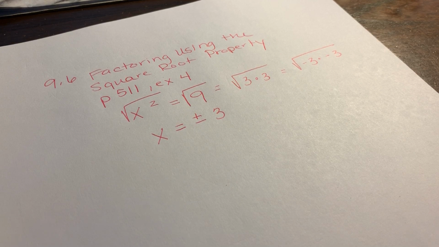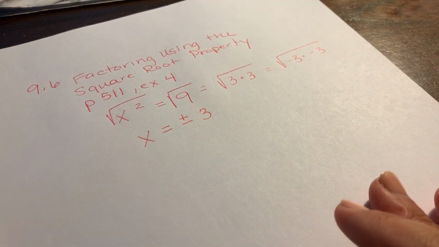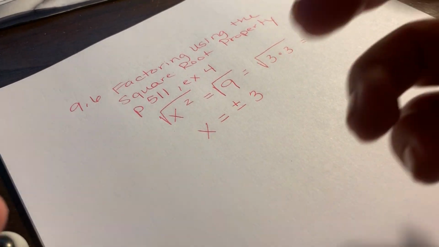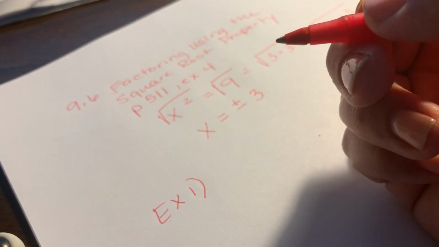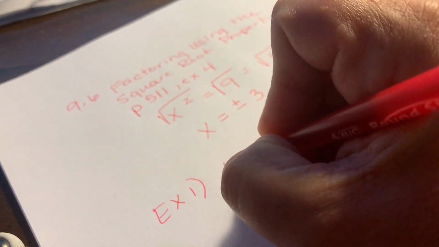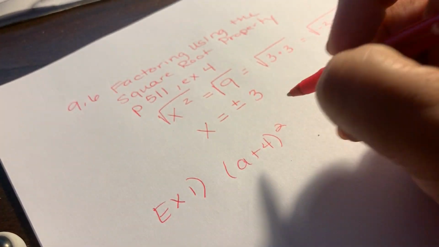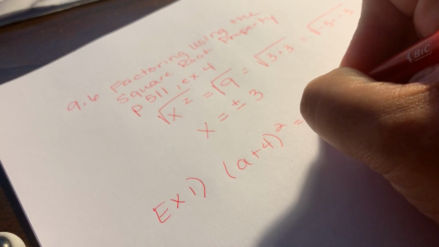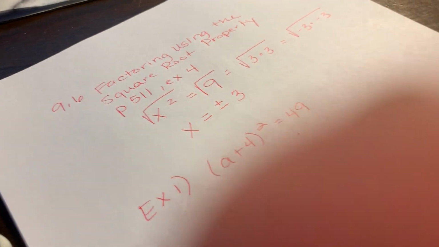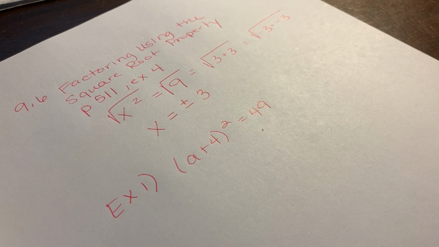So here we go. Example 1. A plus 4 squared is equal to 49. So I'm trying to solve for A. When I look at this, I see that both of them are perfect squares.